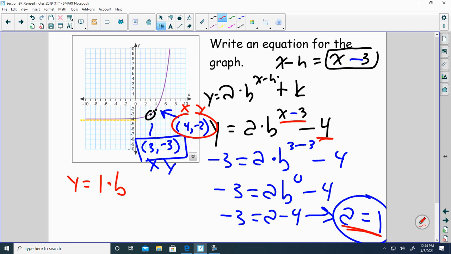And then I have x minus 3, and then I have -4. And if we take that xy value, plug it in, I get -2 equals 1 times b to the 4 minus 3, minus 4. We agree with that math so far.